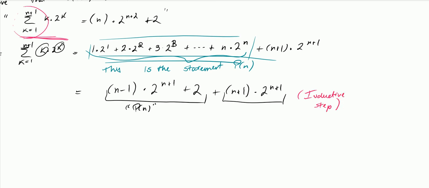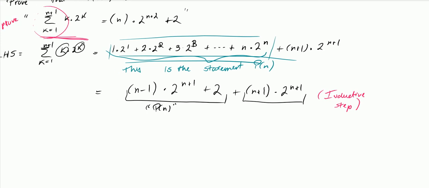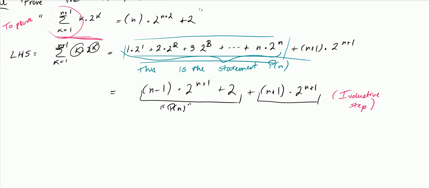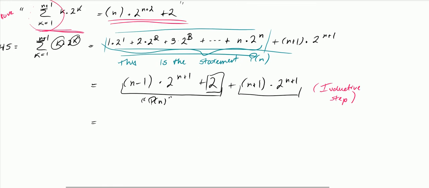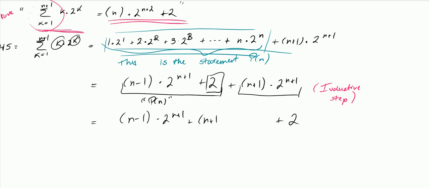Now let's do a bit of rearranging, because remember my goal is for it to look something like this. I can take my 2 out and put it aside, so I'll put my plus 2 on the left, and then write (n minus 1) times 2 to the n+1, plus (n+1) times 2 to the n+1.